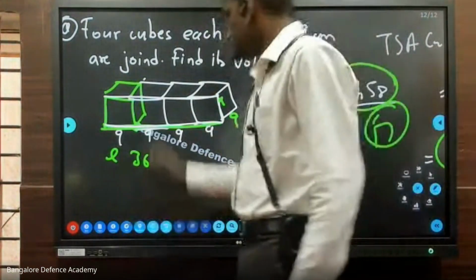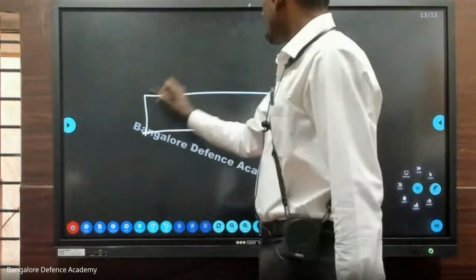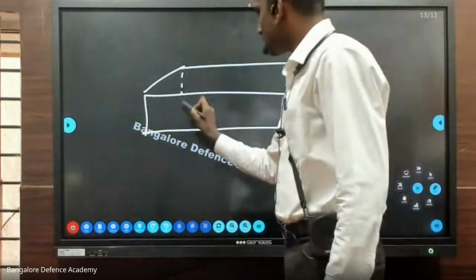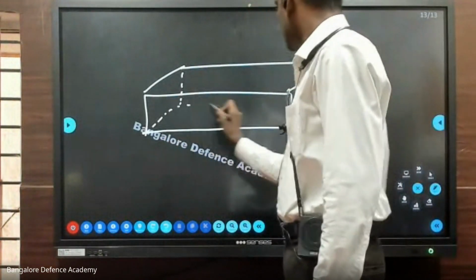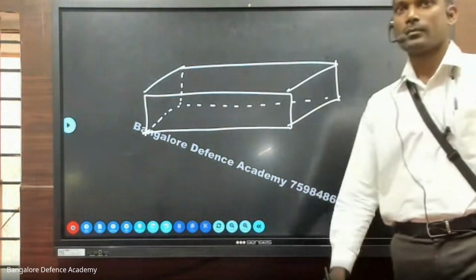See, imagine this is the cuboid. Now tell me how many faces we have? 6 faces.